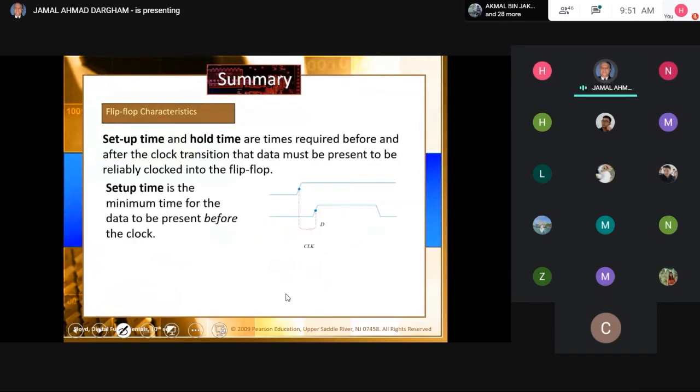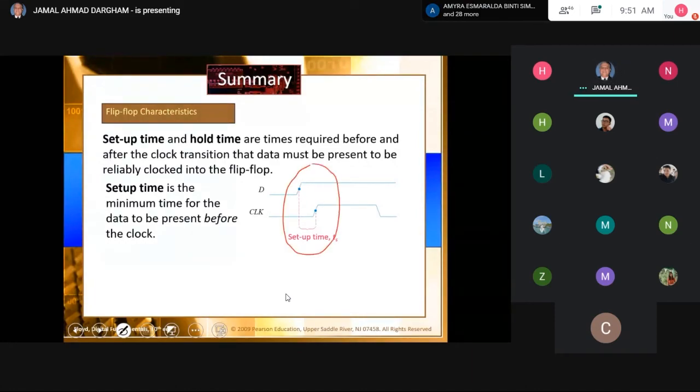Setup and hold time are important. Sometimes your circuit doesn't work because of this, which means setup time is this the time from here to here. So basically, before the clock change, the input must be hold, which means should not change. Okay, which means this time here, your input should not change. If the input change, the output is not predictable.